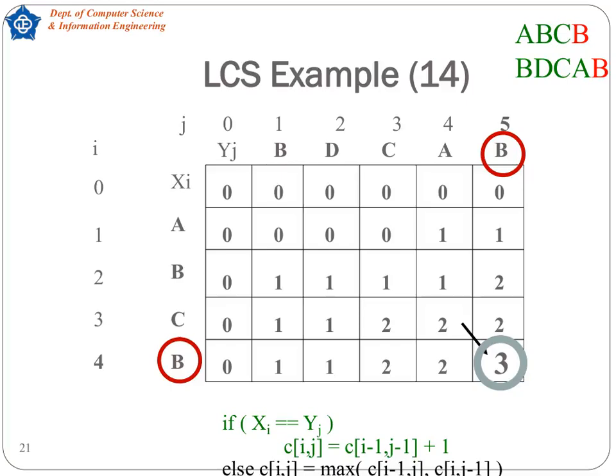As you fill in the table, you'll see it bump up whenever there's a match: A at 1,4, B at 2,1, C at 3,3, and finally B at 4,5. At that last cell, both characters are B, so we grab the diagonal value C[3,4] equals 2, add 1, and record 3. That bottom right entry tells us the LCS length for the full strings is 3.